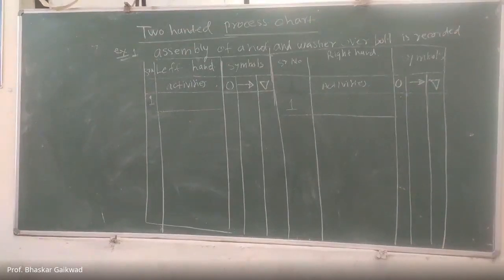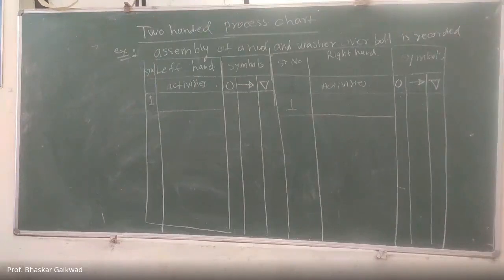Here I have made the structure of the two-hand process chart. Here is the example of nut, washer, and bolt, meaning we are making the assembly of nut, washer, and bolt with the help of two hands, left hand and right hand. The chart is like this. Here I have used three symbols: the circle for operation, the arrow for transportation, and the triangle for storage.